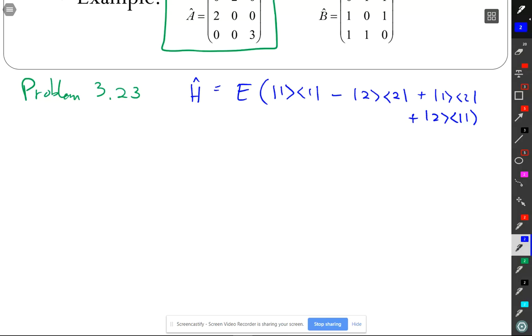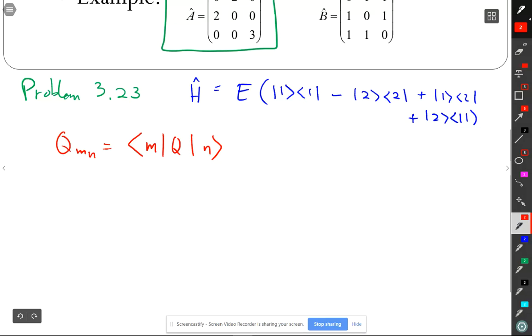Well, you can do rows and columns. Yes, but I want to remember the equation that we had from the last lecture. I believe it can be summarized like that. I'm sure I can find it real quickly.